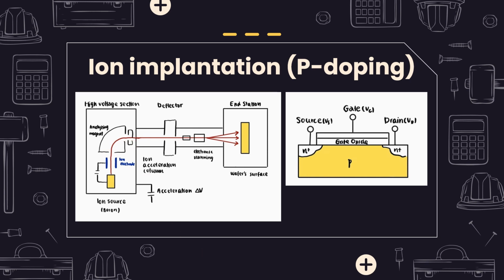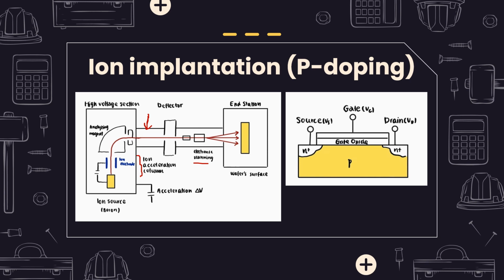Then in this area, which is named the ion acceleration column, the ions will be subjected to an electric field that will accelerate them. And then when passing through the deflector and the electronic scanning, we will be able to redirect the flow of boron ions into our desired surface.